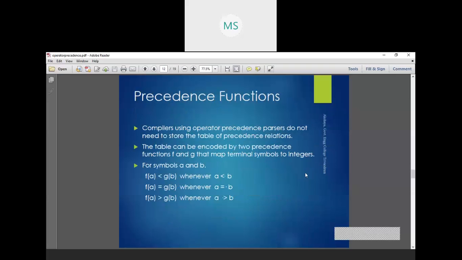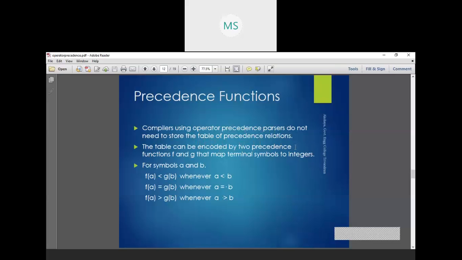Next, sometimes in rare cases you will be asked for the precedence function. How can you write the precedence function? There is a relationship between f of a and g of b. How can you write the relationship from the precedence relation table? A compiler using an operator precedence parser does not need to store the table of precedence relations.